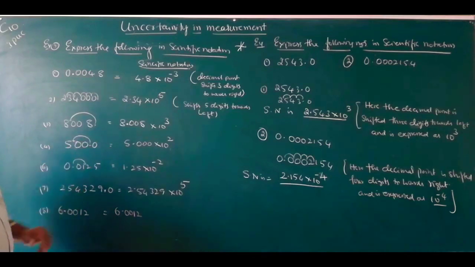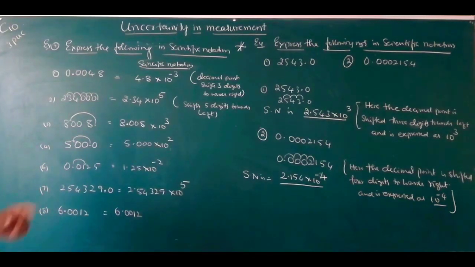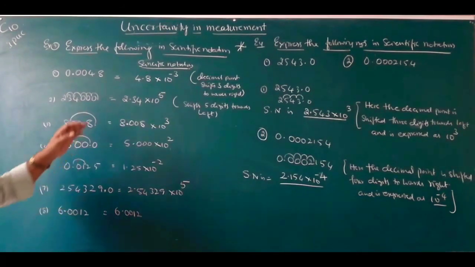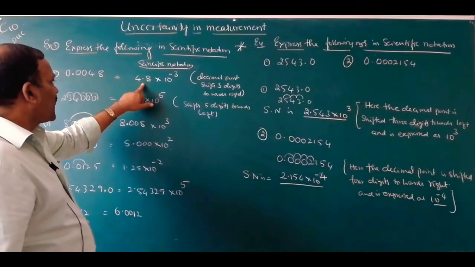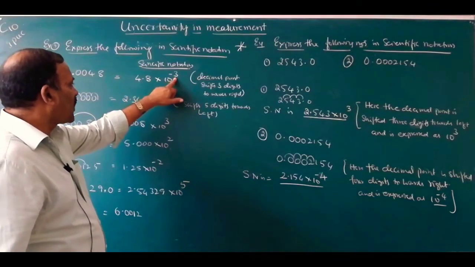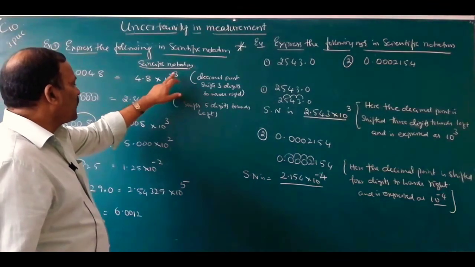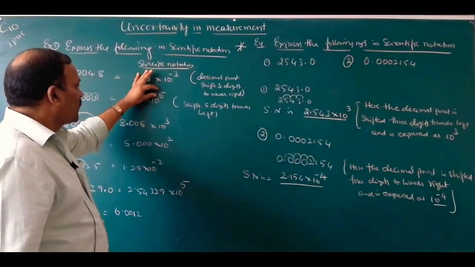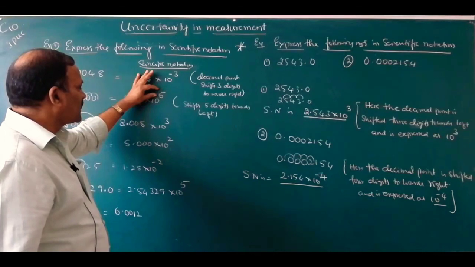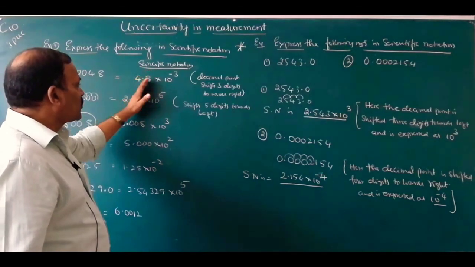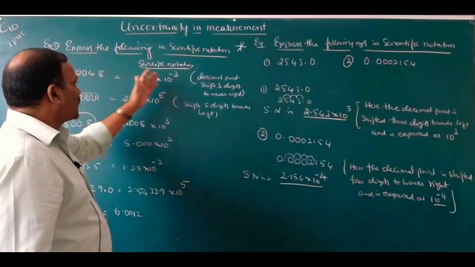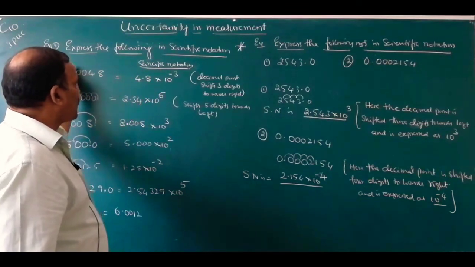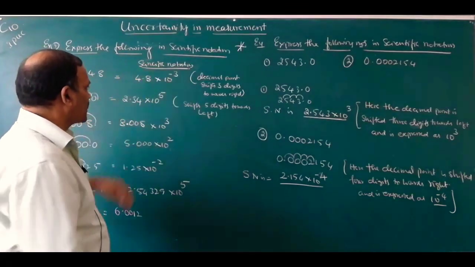So this is how we can write scientific notations in the form of n into 10 to the power of small n, where small n may be a negative number or a positive number. You get a positive number if the decimal point shifts towards left, and a negative number if it shifts towards right.